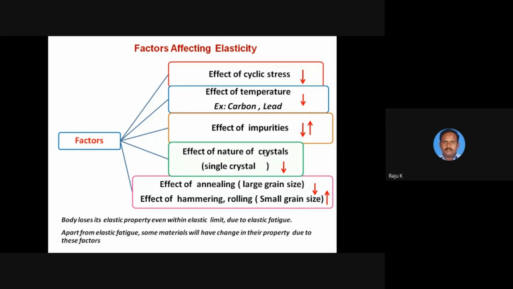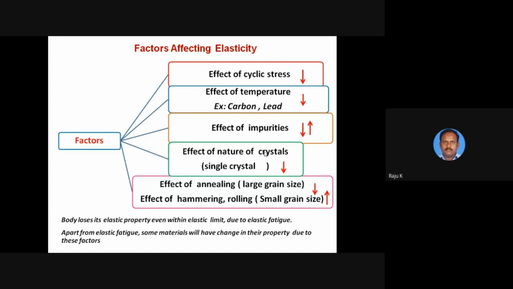If the stress is repeatedly given to the particular material, the material starts to lose its elastic nature. So, the repeated stress given to the material causes a decrease in the elasticity of the material.